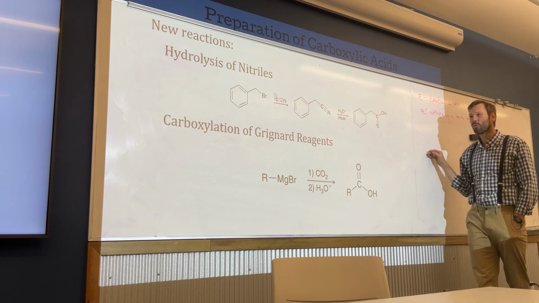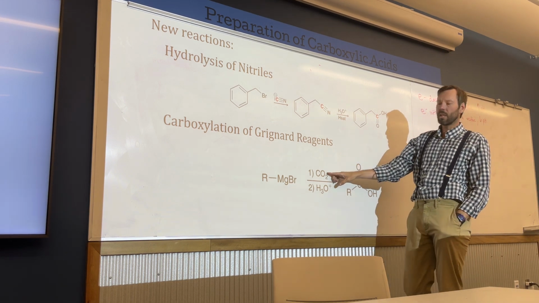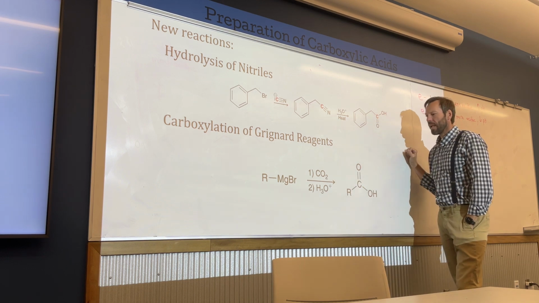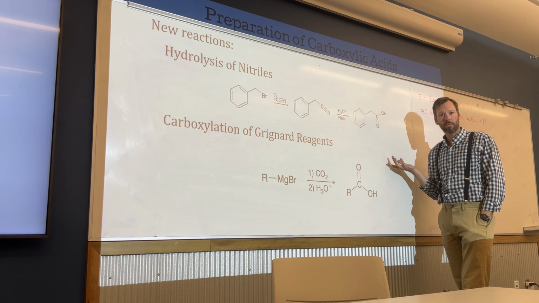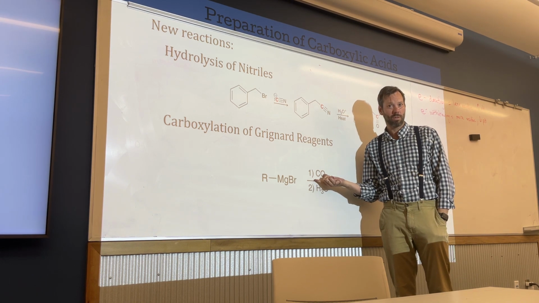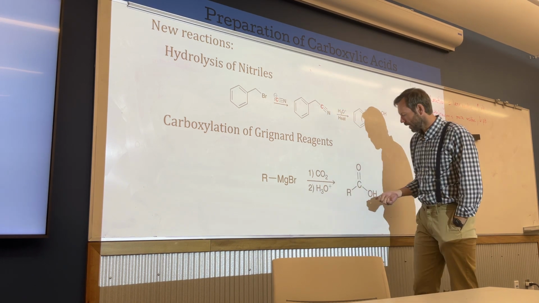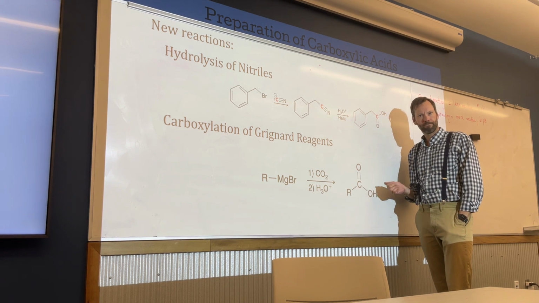You can also do Grignard reagents with CO2, and this is essentially what plants do for photosynthesis to make sugar. They take CO2 and they fix it, so carbon dioxide fixation, into sugar.